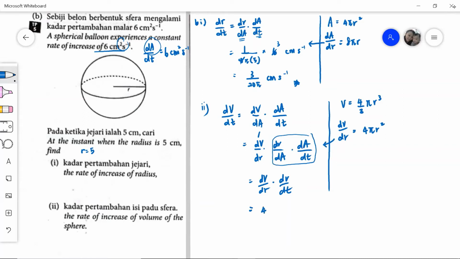That is 4 pi, the r is 5, and then times dr by dt, which is 3/(20 pi). This is the volume, so cm cubed per second. And let's simplify. Instead of 5 squared, we can write 5 times 5.